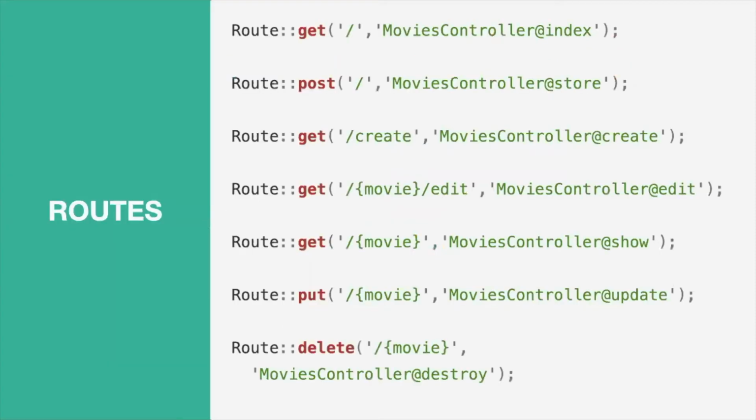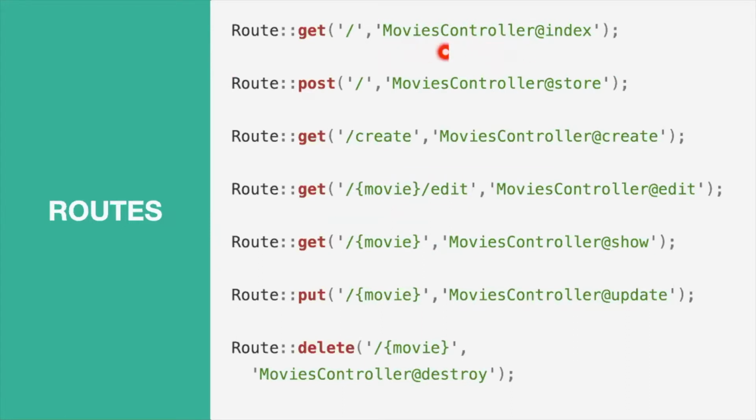All right, so when you put all of these routes together, they might look something like this. Again, this is the one we've seen before, Route::get, and then we'll have our URI, right? The path, in this case, just slash, will go to the home page. And we're going to point this to the movies controller.